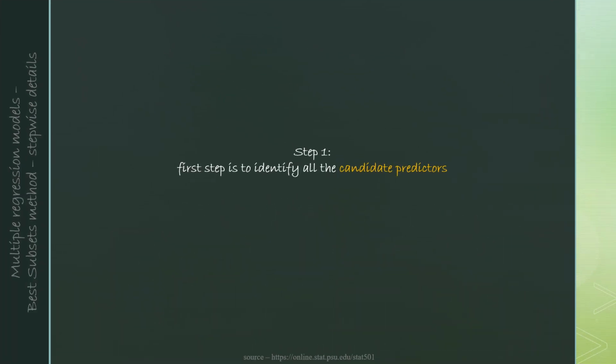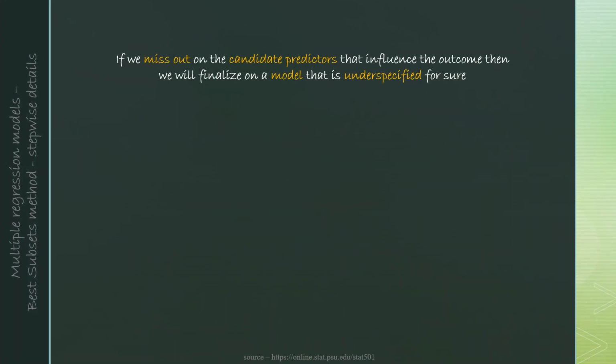Step 1. The very first step is to identify all the candidate predictors. Make sure that you do not leave any potential candidate predictor out of the list. If we miss out on the candidate predictors that influence the outcome, then we will finalize a model that is for sure an underspecified one.